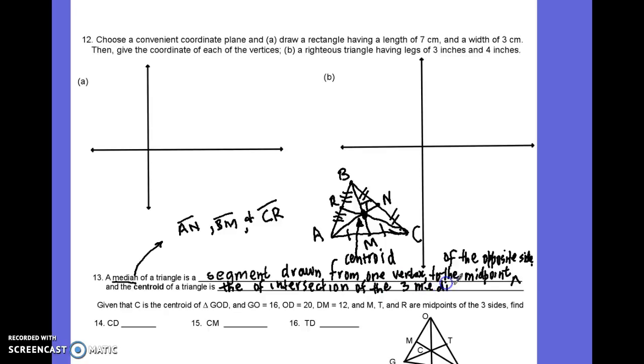Again, the centroid is the point of intersection of the three medians. Okay, I'd like you to at least know that.